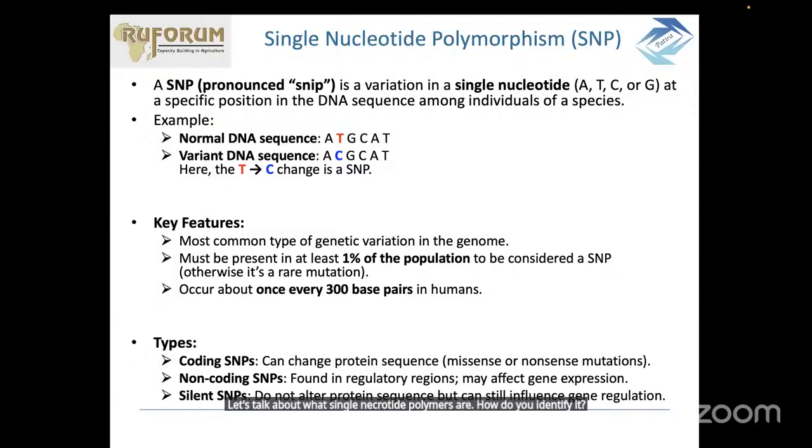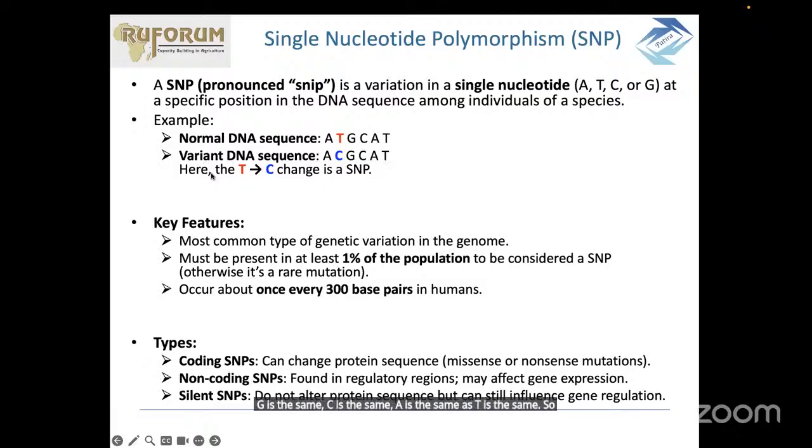A single nucleotide polymorphism, SNP, is always pronounced SNP. It's a variation in a single nucleotide, A, T, C, or G, at a specific position in a DNA sequence among individuals or species. For example, this is a normal DNA sequence, ATGCAT. And this is the variant. A is still the same, but you can see T is represented by C. G is the same, C is the same, A is the same, and T is the same.